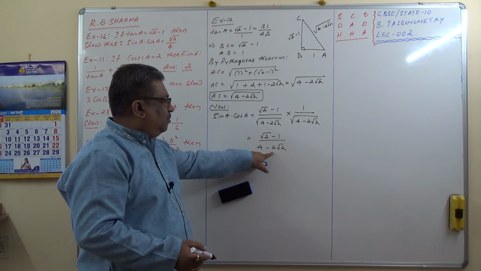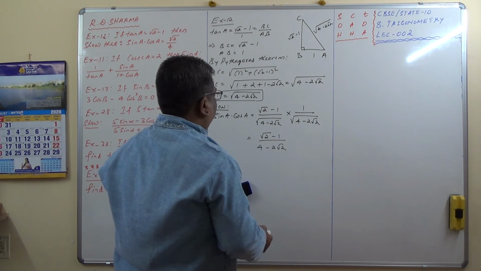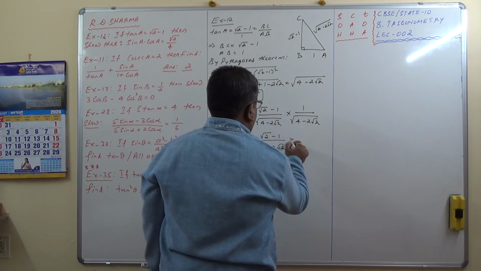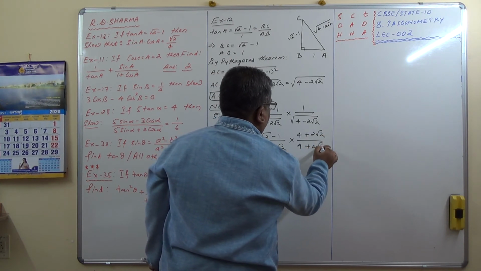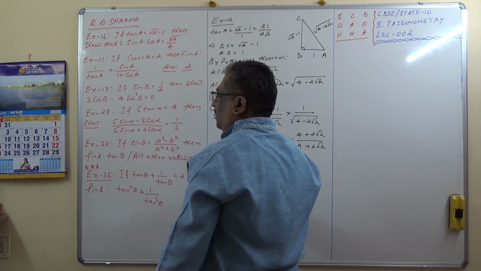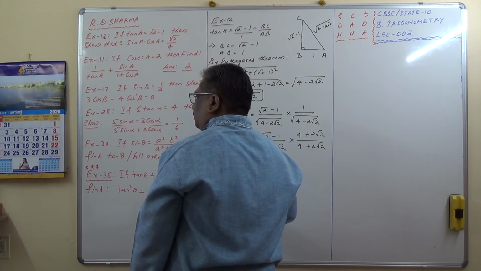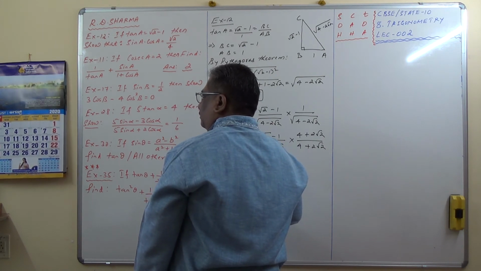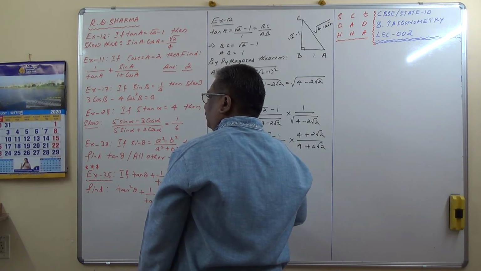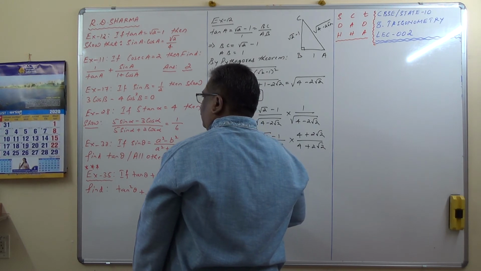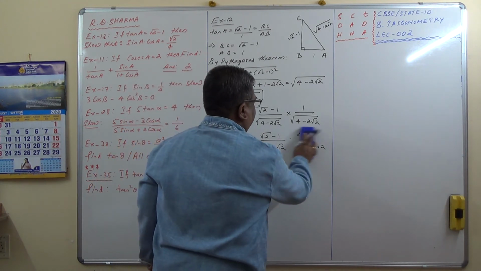Let's rationalize the denominator into 4 plus 2 root 2 divided by 4 plus 2 root 2. I think you must have rationalized the denominator. Just a moment. Let me try one more method instead of rationalizing the denominator.